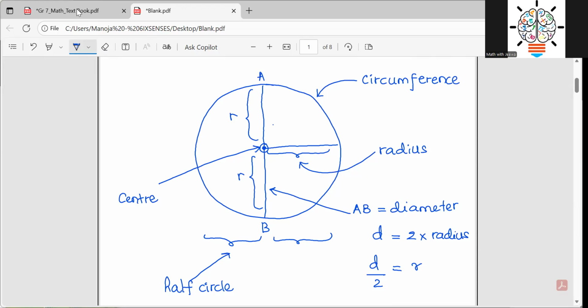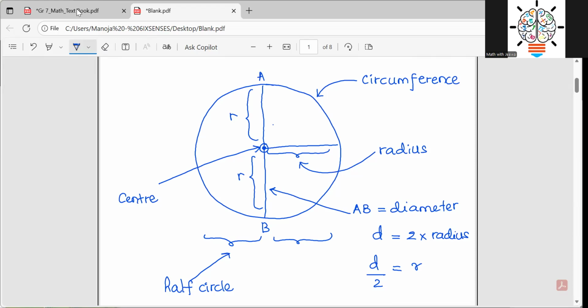If you draw a line from one point on the circumference to another across the center, we name it the diameter. And the diameter equals 2 times radius, because from point A to the center the distance is radius, and from the center to the other point B it is also radius. So 2 times radius is the diameter.